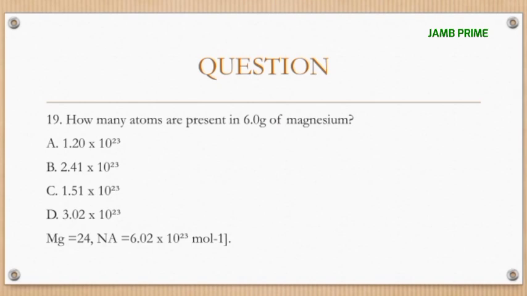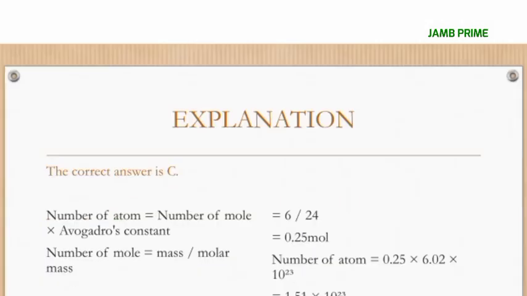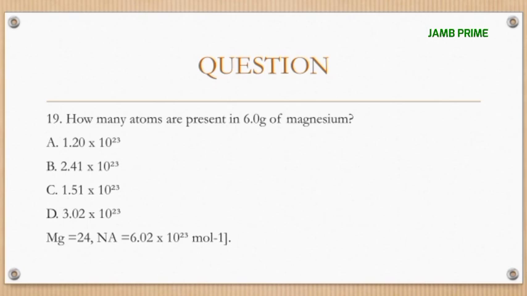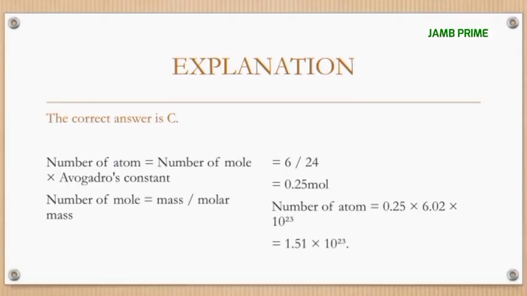Note that the Avogadro constant is 6.02 times 10 raised to the power 23. The formula that connects these: if they say calculate how many atoms, you should know that the number of atoms equals the number of moles times the Avogadro's constant.